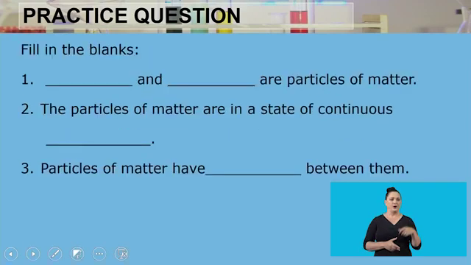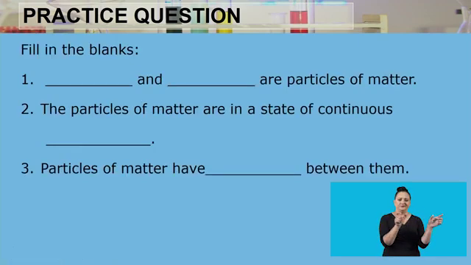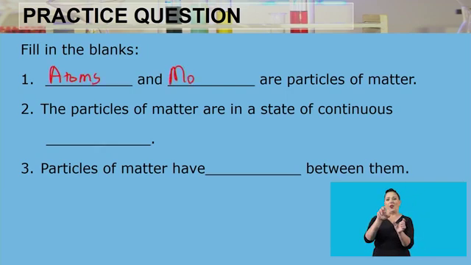Next question. We need to fill in the blanks now. We are given that something and something are particles of matter. What makes up matter? Atoms and molecules are particles of matter. And the second question is, the particles of matter are in a state of continuous what?